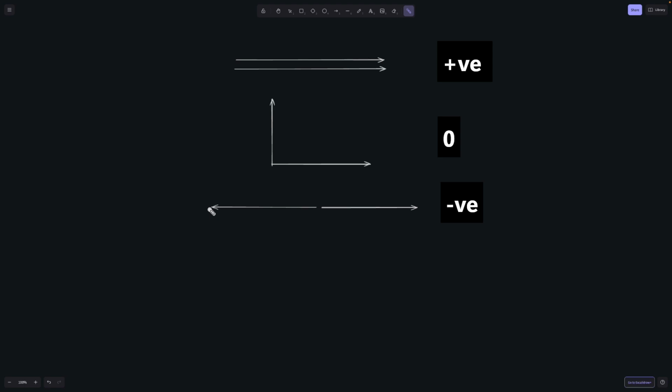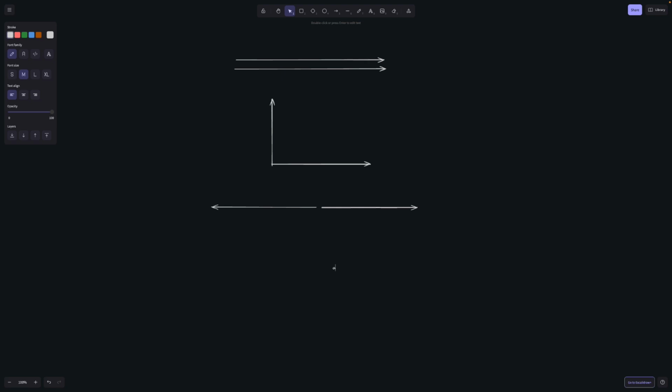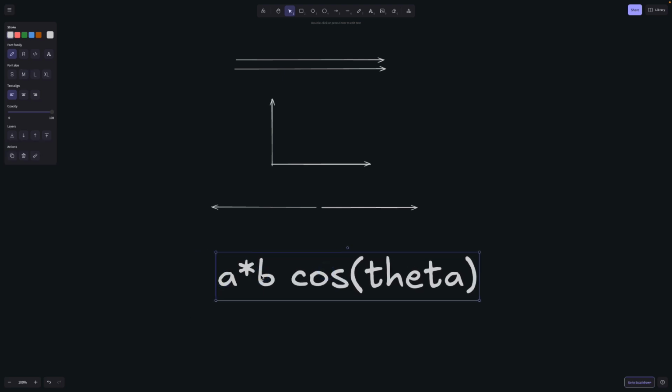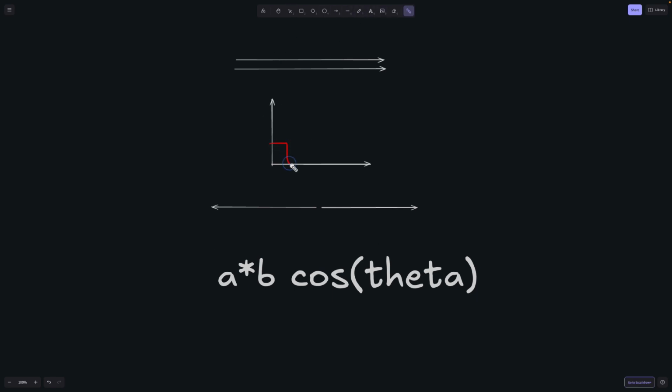Mathematically, I guess you've already seen that formula, which is a into b cos theta. Here a and b are the magnitudes of the vectors, and theta is the angle. In this case the angle is 90 degrees, here the angle is 0, here the angle is 180.